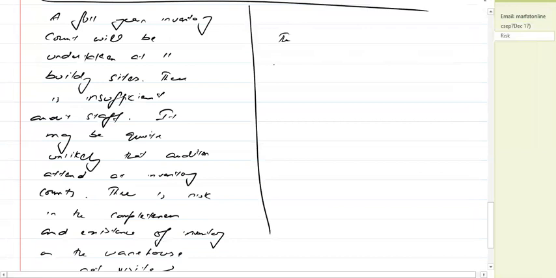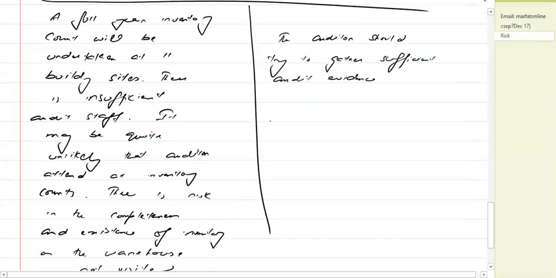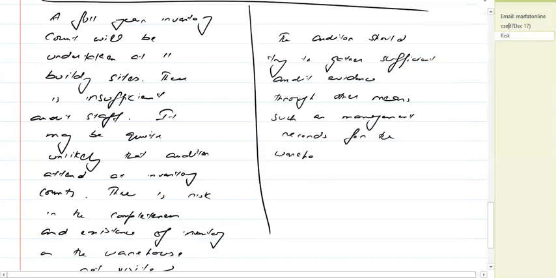The auditor should try to gather sufficient audit evidence through other means, such as management records for the warehouses not visited. Now this is the risk. Okay.